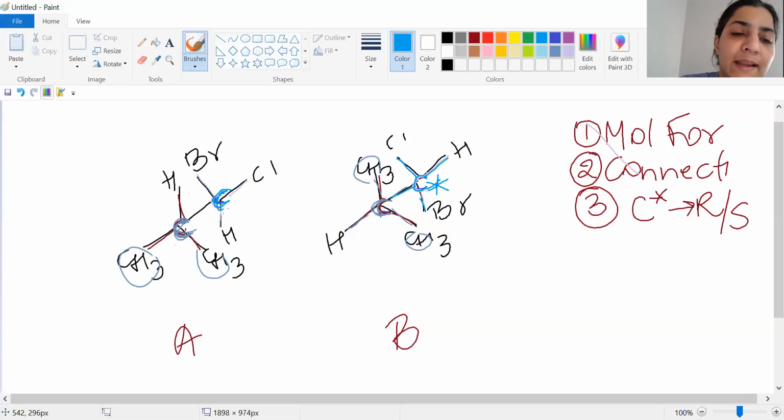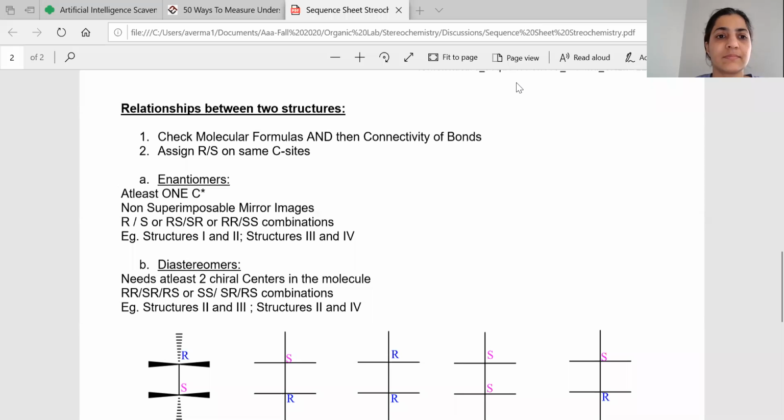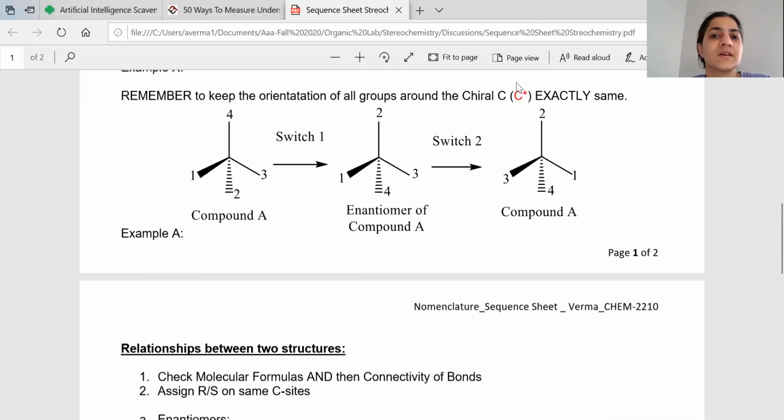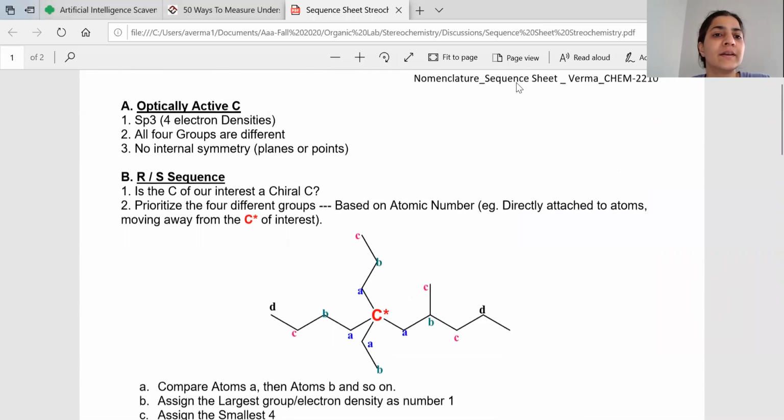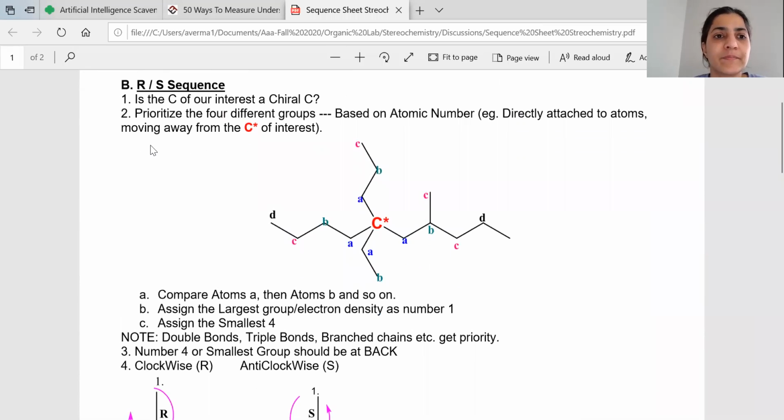Similarly, my second atom right here, I can label that also as a chiral carbon because four different groups are on it. This is when I will start to look at my R and S sequence. So to follow the R and S sequence, we will now give priorities to our four different groups.